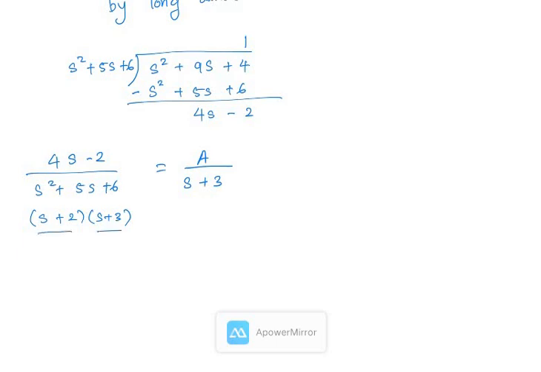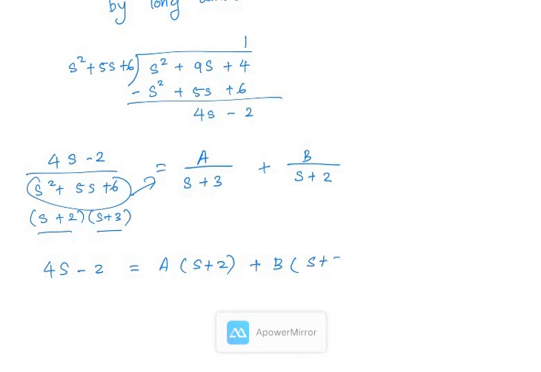So I use this as a root. Okay, so plus B equal to s plus 2. Now I have the 4s minus 2, and I bring this one to the right hand side, so I left equal to A(s plus 2) plus B(s plus 3).